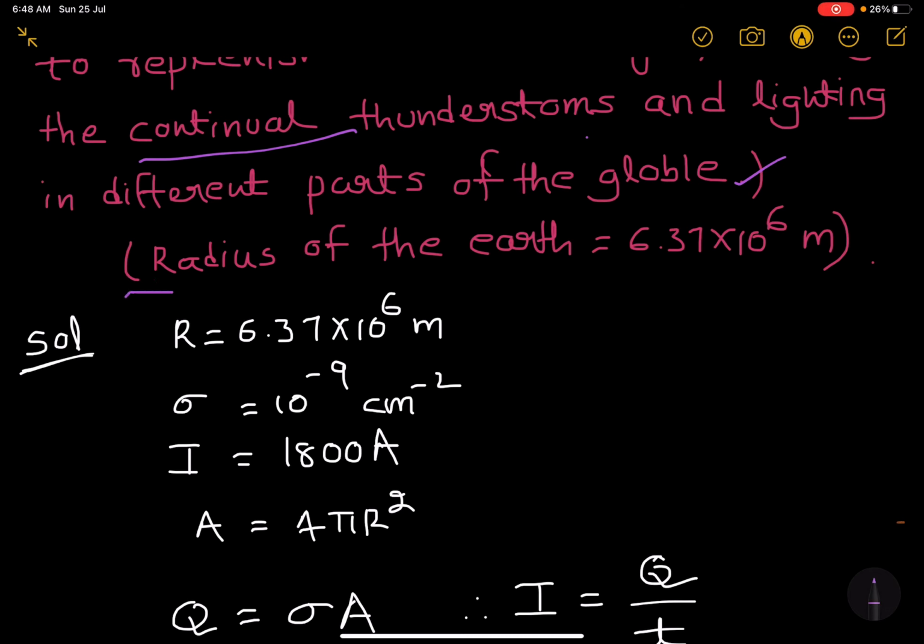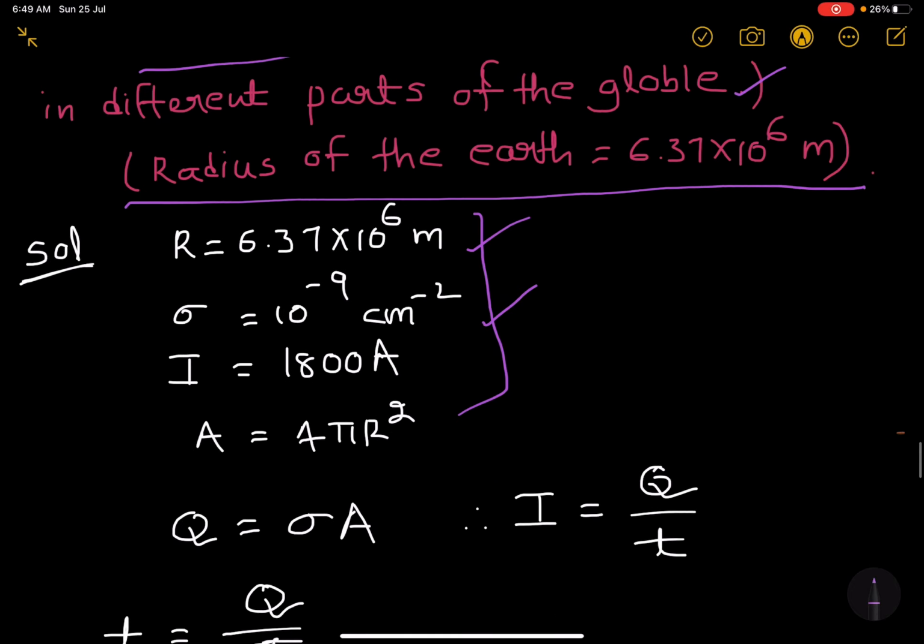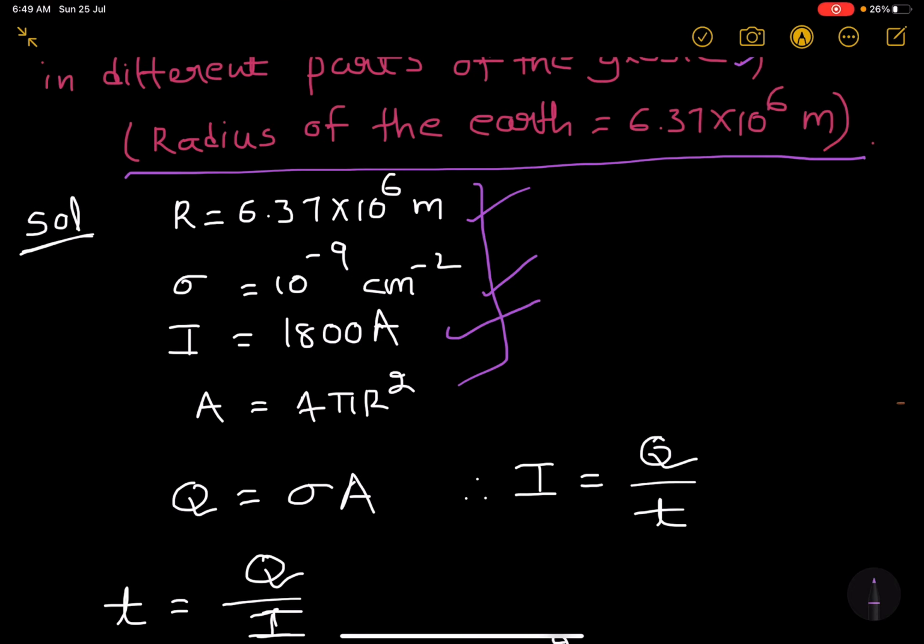Here it is mentioned the radius of the earth is 6.3 × 10^6 meters. So the given data: r equals the radius of earth, and the surface charge density is 10^-9 C/m². The current is given as 1800 amperes.